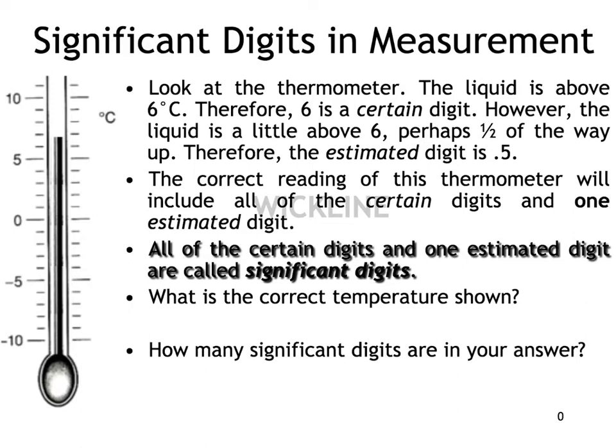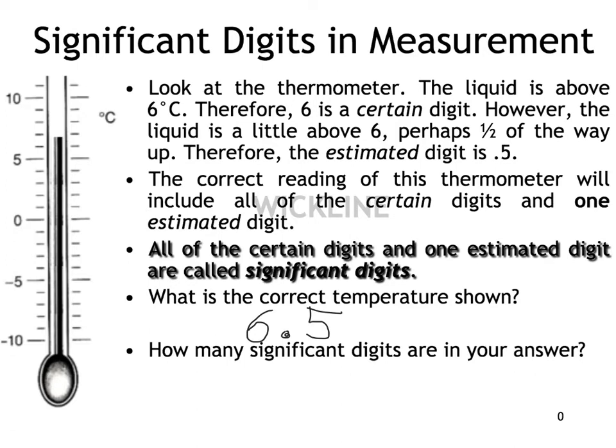So the temperature that we should write, if we're going to use the rules discussed on this slide, is the certain digit, which is 6, and one estimated digit, which is going to be a 0.5, because I know it's above 6 and I know it's below 7, but I don't know much else other than that.